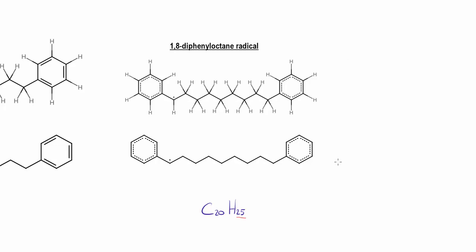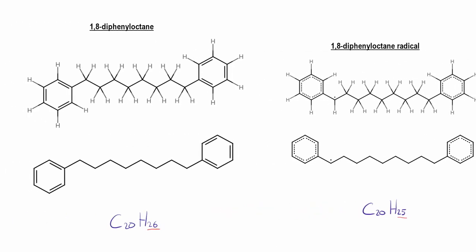This is not the IUPAC name, just a general name I'm writing here for the purposes of this example. As you can see, we've got a radical version of it with a hydrogen missing, and that would mean 26 minus 1, 25.